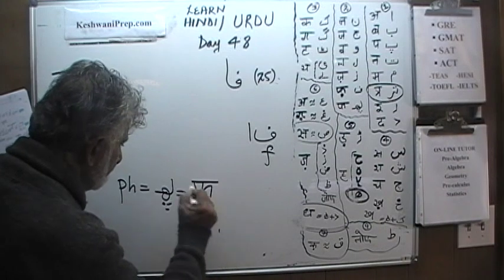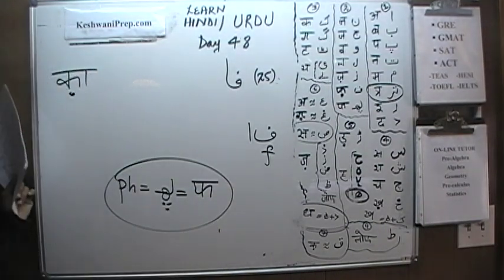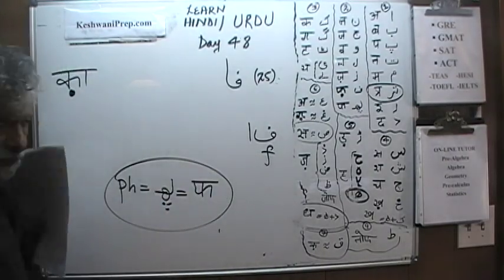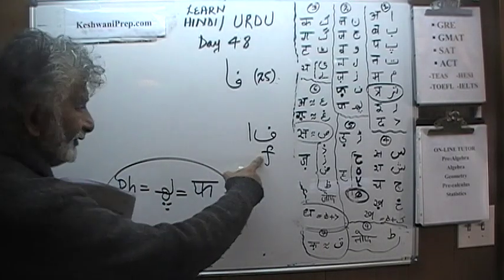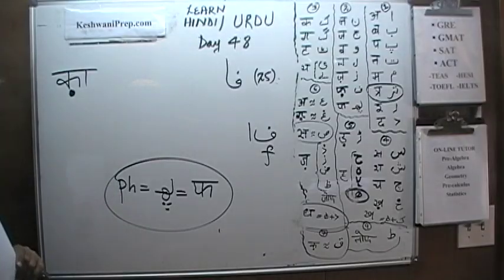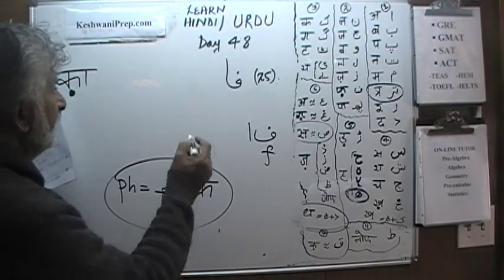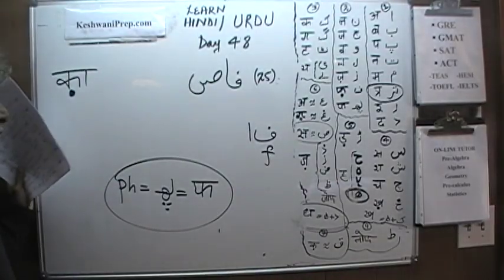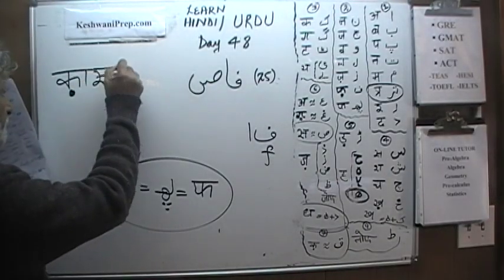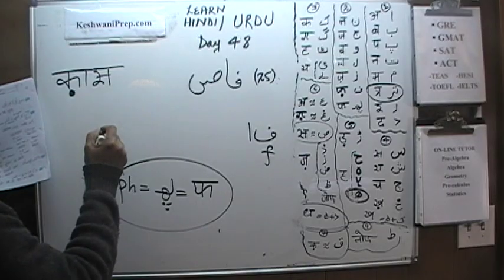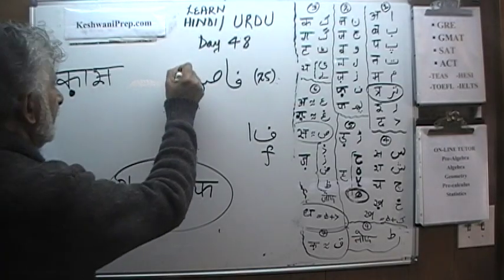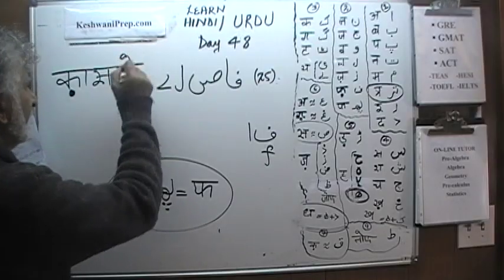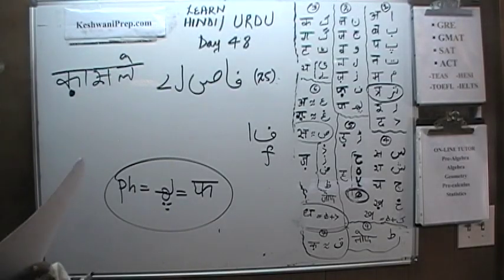But this one has a dot to remind us that we're not looking for ph, we're looking for letter F, which does not exist in Hindi. So we improvise. Fa. Then we have a sa, but it's a swat. Fa, sa, le. Lam and a badi. Fasle. Let's put it together, shall we?